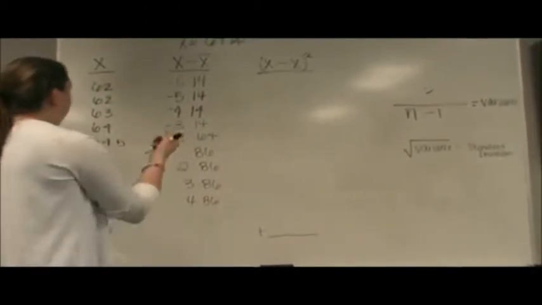And then lastly, 75 minus 67.14 is 7.86.